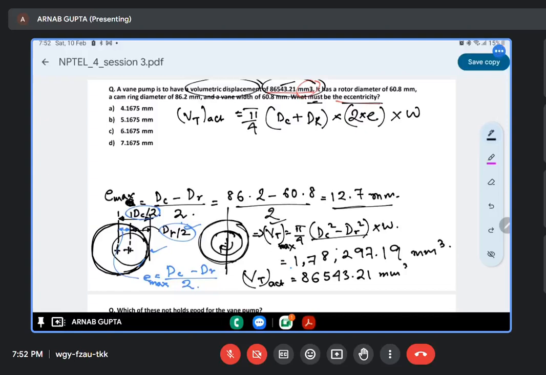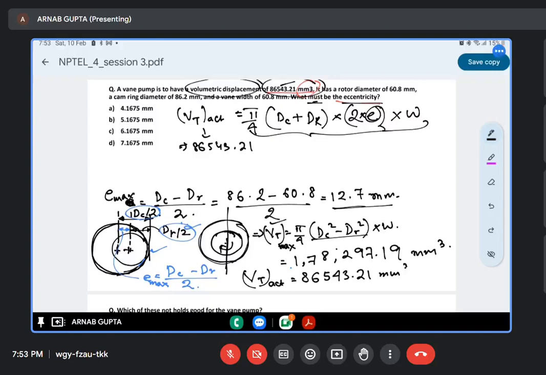So if instead of putting E max, we put E and try to see whether it's coming or not, 86,543.21. Okay, so we will just divide the entire particular thing except the value of E and check.